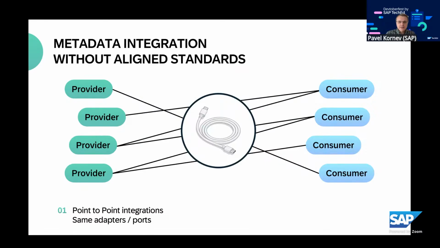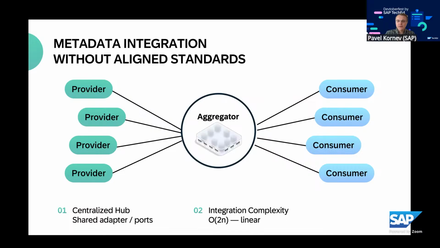But we can think forward on that and even bring some connection aggregator point or hub in the middle. Then we can reach linear complexity of integrations. And we will talk about that later, how we approach it at SAP and what we came up with. So this is one aspect of the problems, right? Point-to-point integrations.